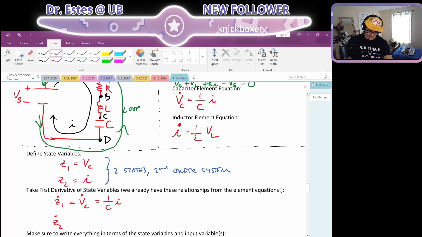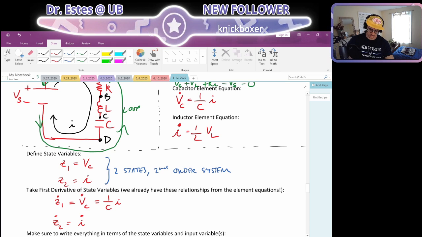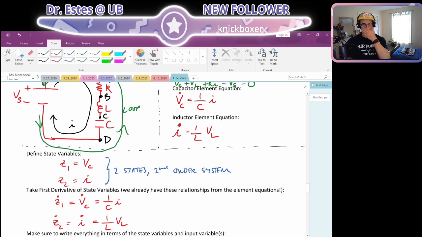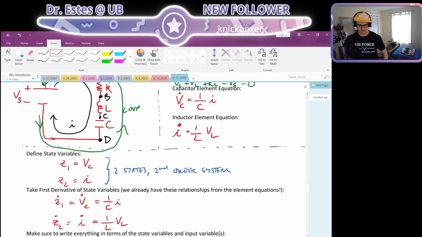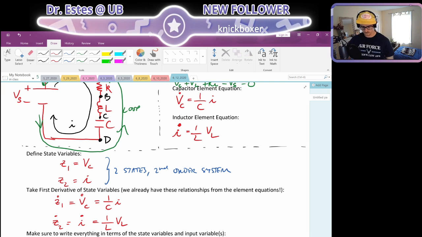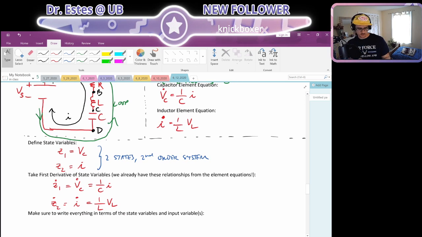Z2 dot is I dot. Our other element equation comes in handy. 1 over L VL. So easy enough so far, right?